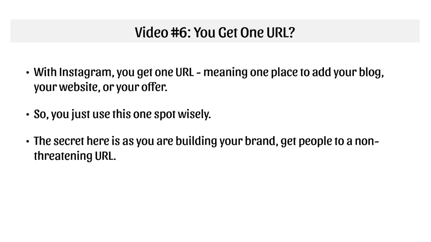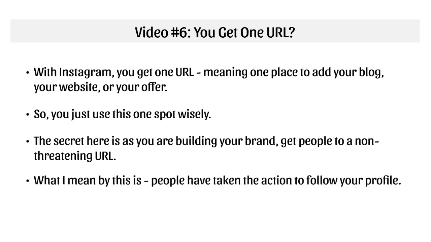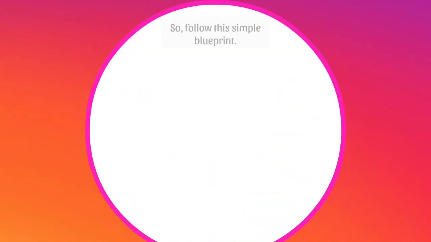Because you're building a brand, because you're building a lifestyle, you want to still brand yourself. You don't usually want to just direct people to a sales page. People have taken the action to follow your profile, but they're still getting to know you, right? They're still trying to build that identity, build that relationship with you. So you still need to gain their trust.